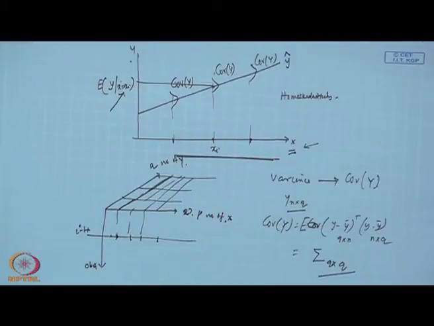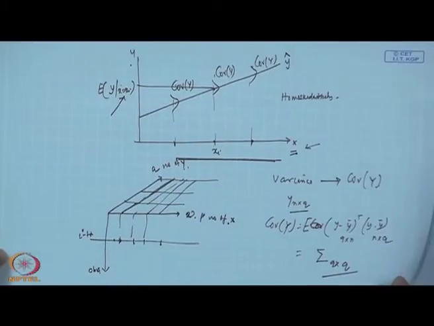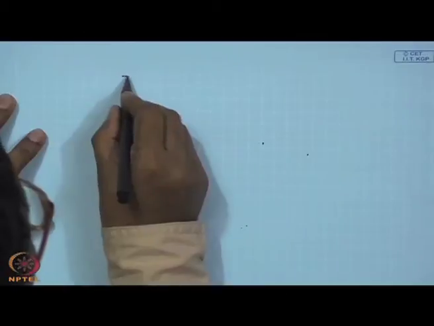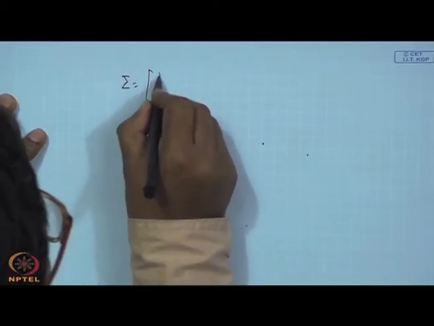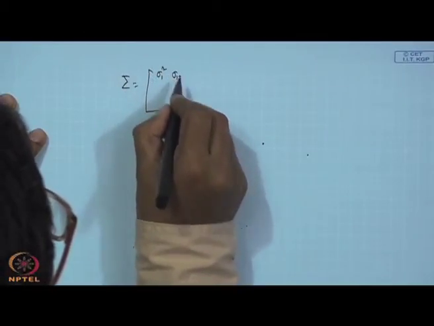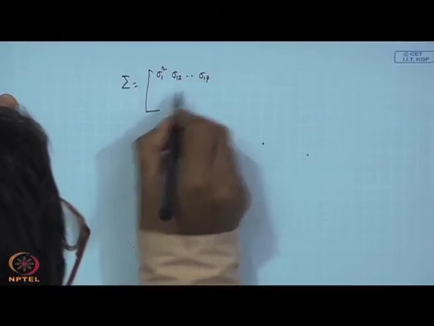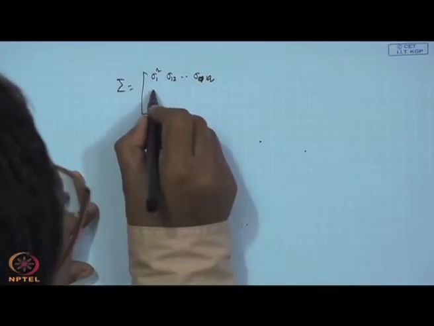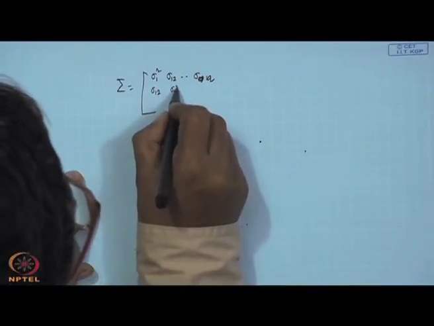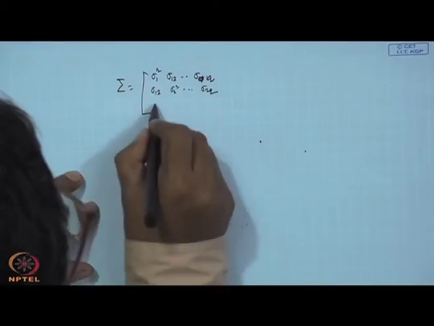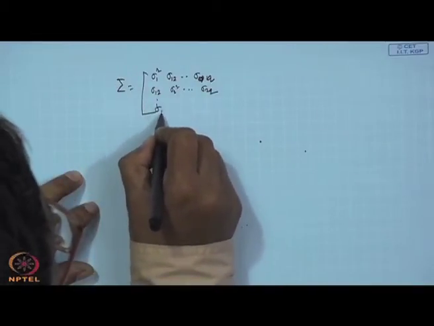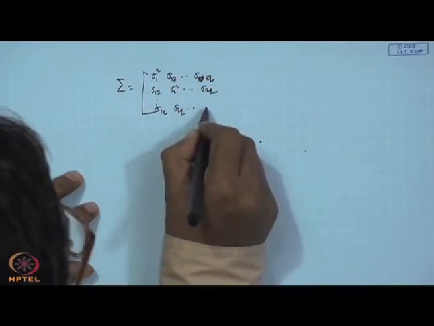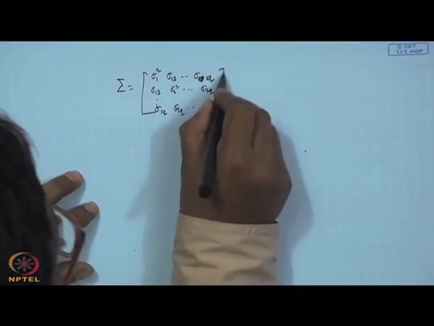Go back to the first or second lectures that we have discussed. We say there are p variables. So, now I can write down this covariance structure like this: sigma 1 square, sigma 1 2, sigma 1 q here, because we are taking q y variables; sigma 1 2, sigma 2 square, sigma 2 q; then sigma 1 q, sigma 2 q, sigma q square.